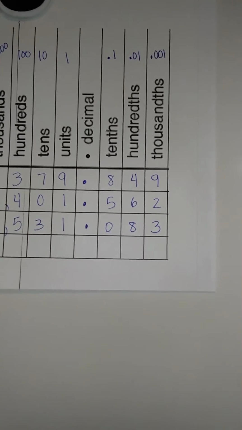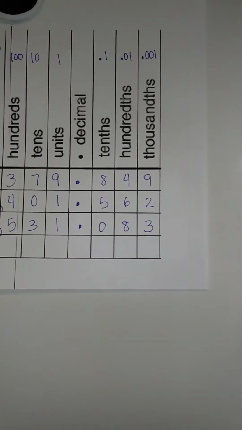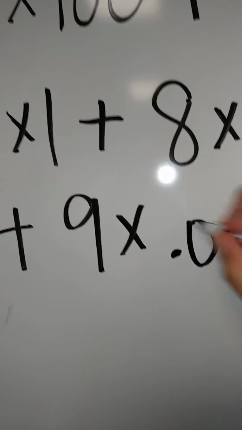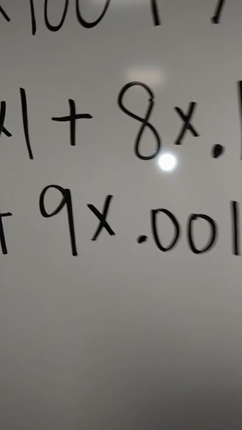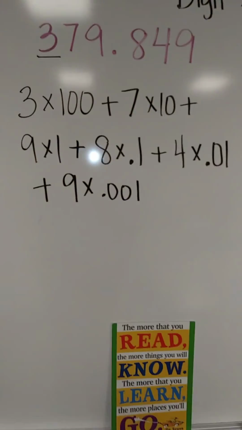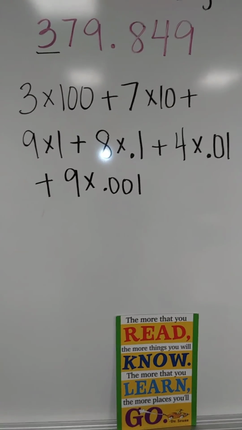If you look at the 9, it is in the thousandths place. And that is written as 0.001 right there. So I'm going to write 0.001. And this is that number in expanded notation.